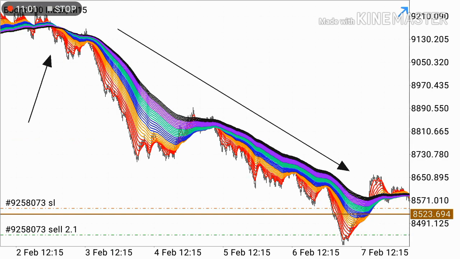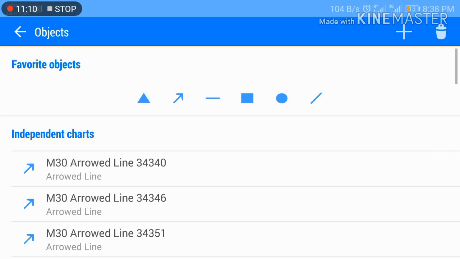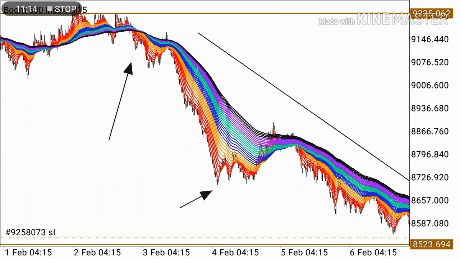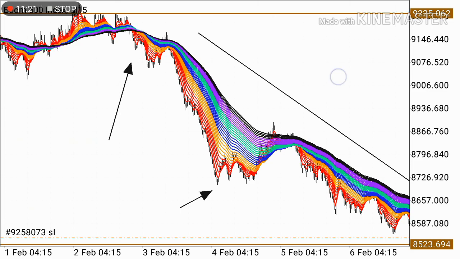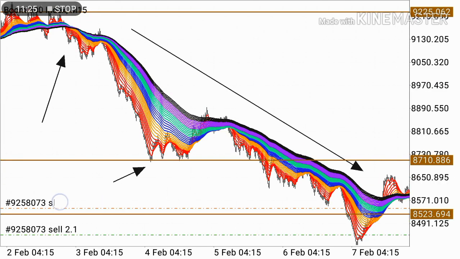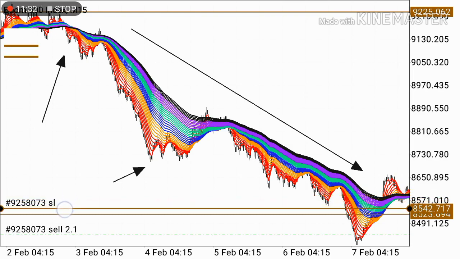Your take profit, entry, and for the stop level, look here, the old resistance is your SL. This one is your take profit, and move as the market moves, so you will go long.